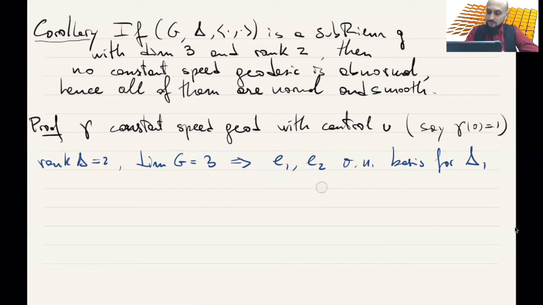So if I write E1, E2, E_{1,2}, this is a basis of the Lie algebra.